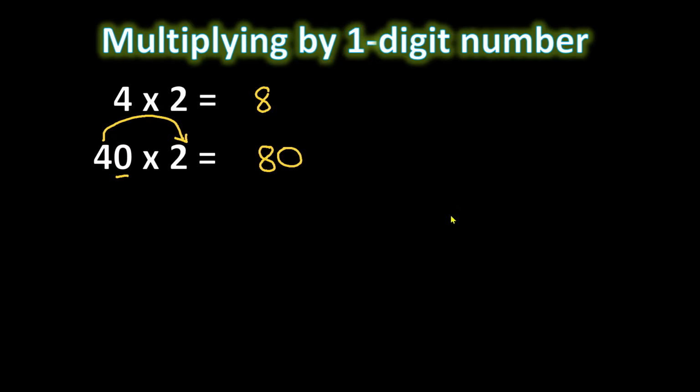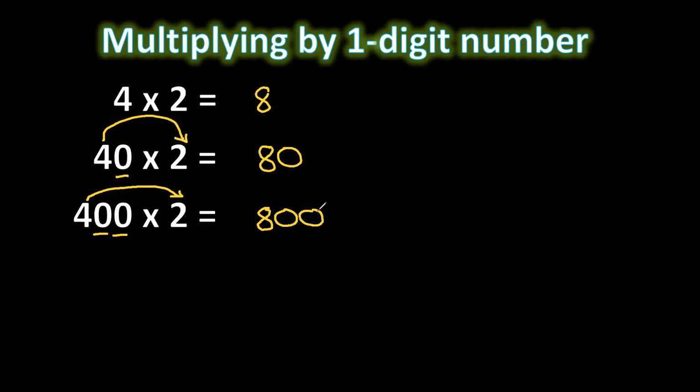Same with 400 times 2. Again, multiply 4 times 2, which is equal to 8. Count the zeros, 1, 2, and copy 2 zeros here. So 400 times 2 is 800.